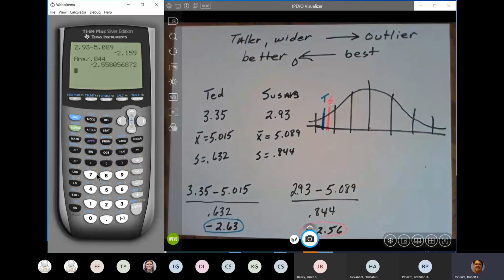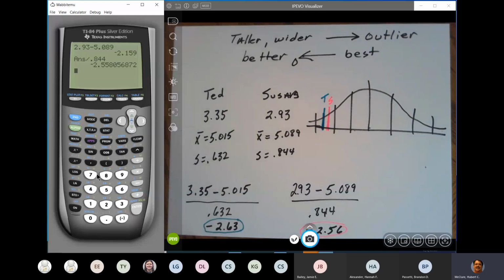Well, you could look at it this way. When you're dealing with negatives, what's better to have in the bank account? Negative $500 or negative $300? Negative 300 is better. So in this case, you could say it's better because negative 2.56 is higher than negative 2.63.